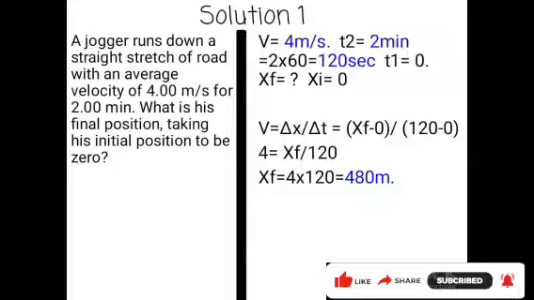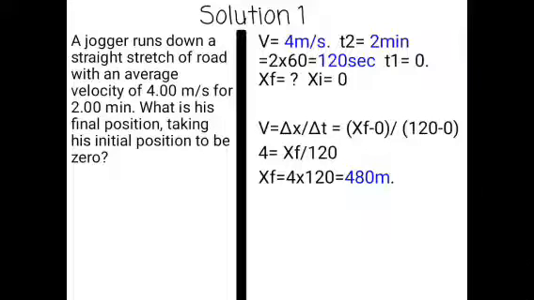In this question, we are given the velocity to be 4 meters per second, the time to be 2 minutes. We are going to convert it to seconds because the SI unit for time in physics is seconds. So 2 minutes to seconds will be 2 times 60 seconds. Since 1 minute is 60 seconds, then definitely 2 minutes will be 2 times 60 seconds to give us 120 seconds.